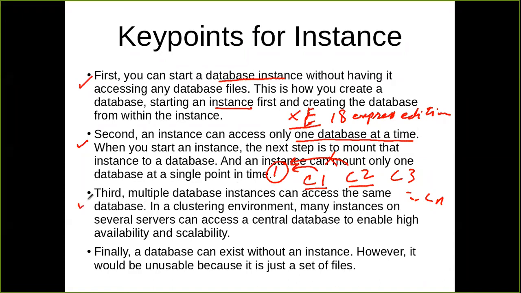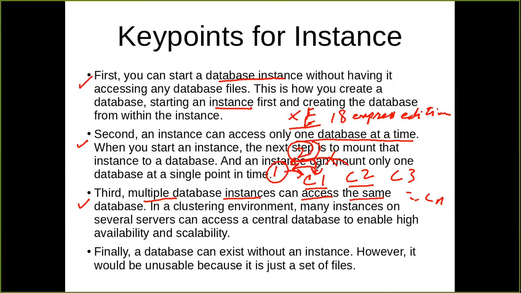The third point is that multiple database instances can access the same database. If we have multiple instances executing on the same machine, say instance 1 as well as instance 2, then both instances can access the same database.